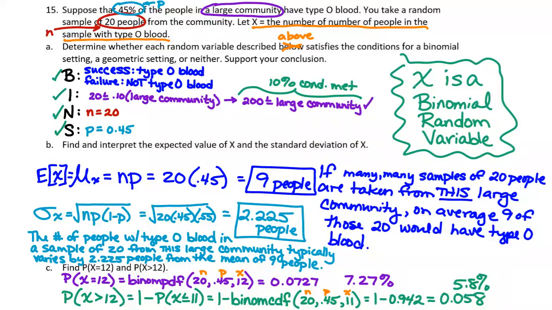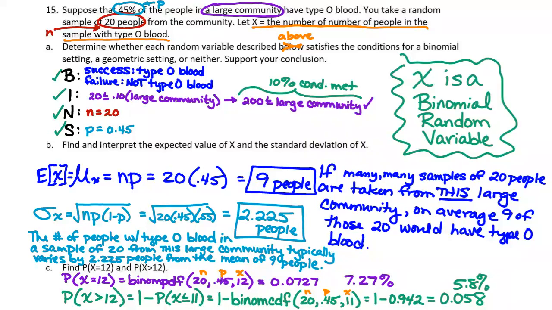This would have to be things that come in whole number increments. So if this notation right here said the probability x is less than 12, then I would have had to do probability x is less than or equal to 11.